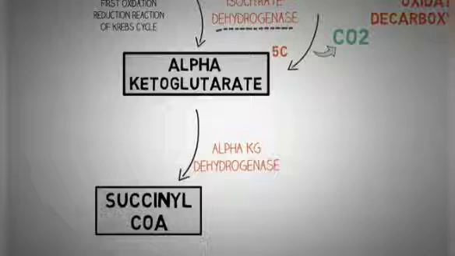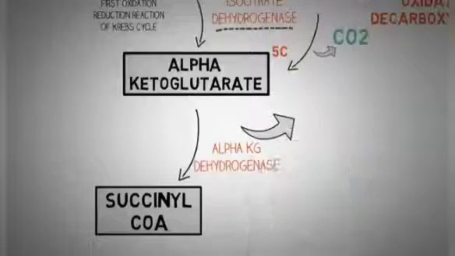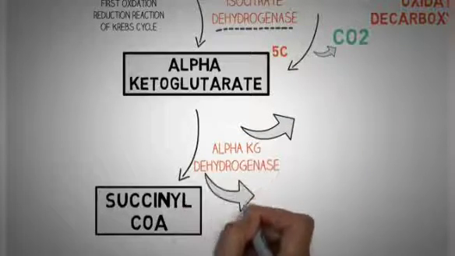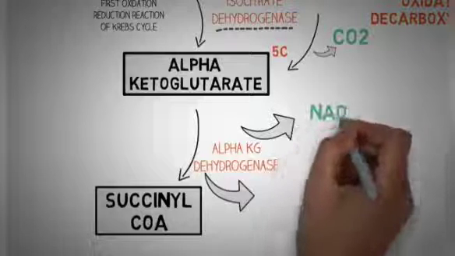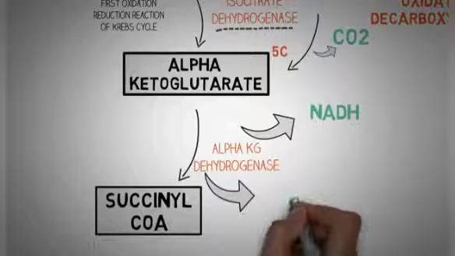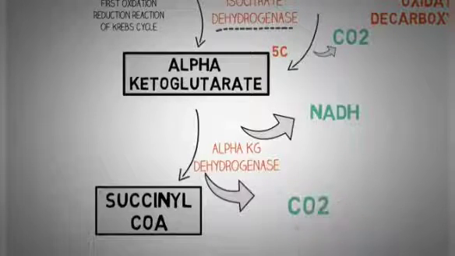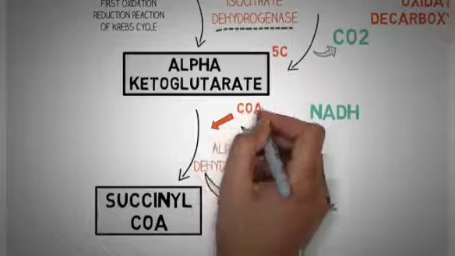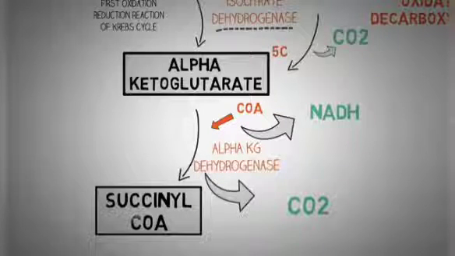In this reaction also, a hydrogen gets attached to NAD to form NADH. Since it is also a type of decarboxylation, a carbon is removed from alpha-ketoglutarate to be lost in the form of carbon dioxide. Also, coenzyme A is used in this reaction, therefore the product will be a combination that is known as succinyl-CoA.